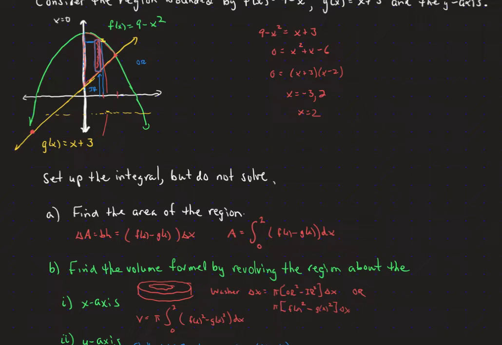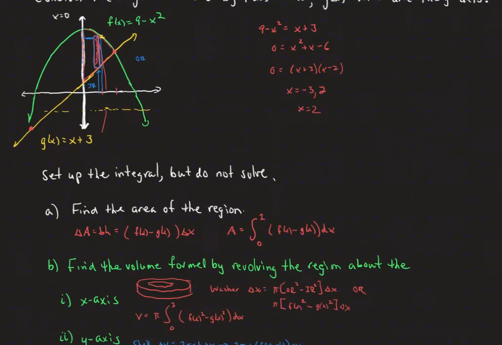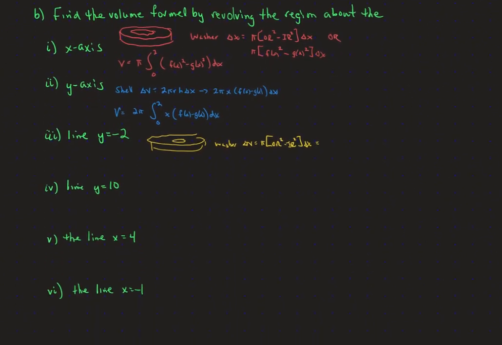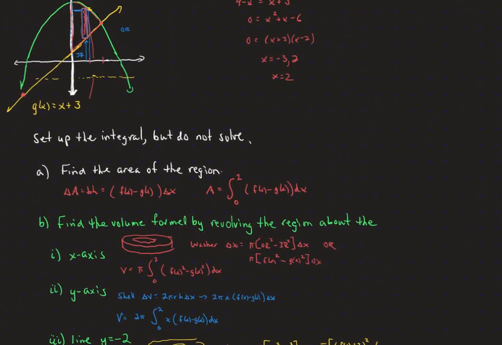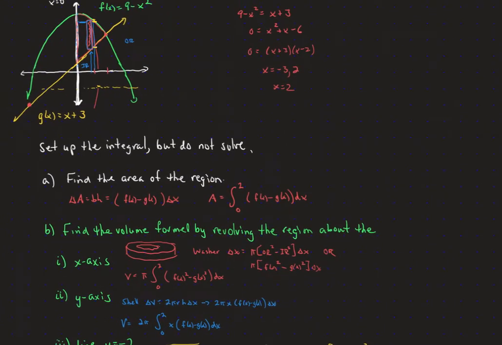The top is the f of x, and the bottom is that negative 2, y equals negative 2. So that's going to be a pi times f of x minus the negative 2 squared. And then we're going to subtract from that the inside radius, which is going to go from the edge of the hole to our axis of revolution.